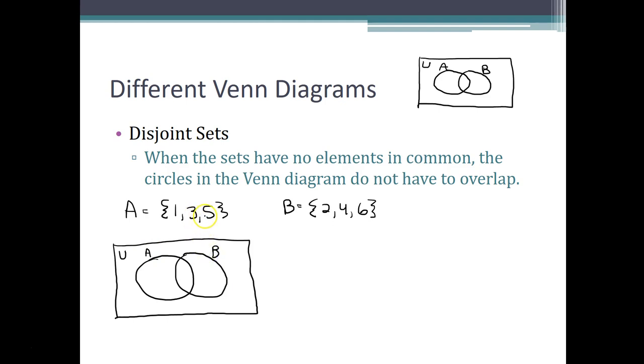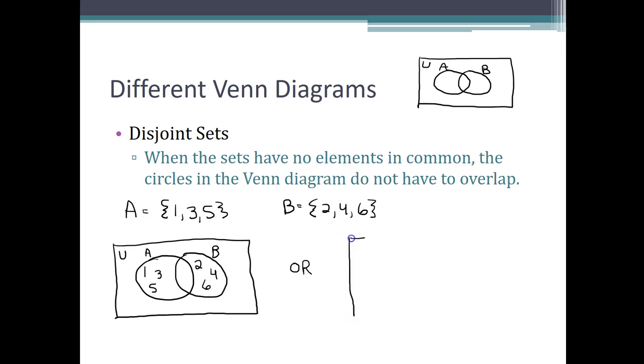But notice that sets A and B don't have anything in common, so there won't be anything inside that overlap. Circle A will have 1, 3, and 5 in it, but they will not go in the overlap because they're not in common with set B. And set B has 2, 4, 6, and those will not go in the overlap either because set A doesn't share those in common. So that is one way to draw it.